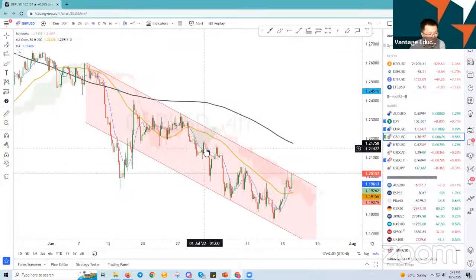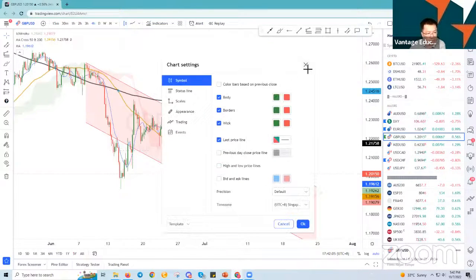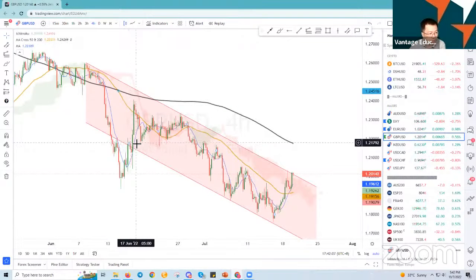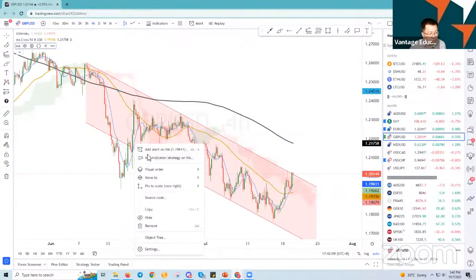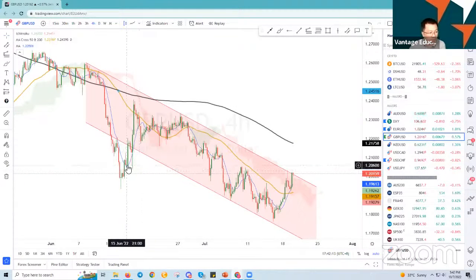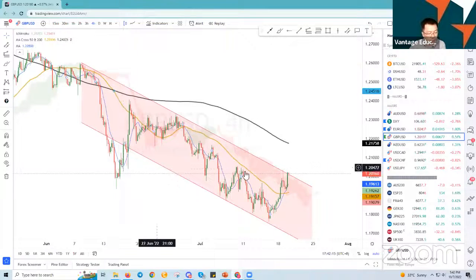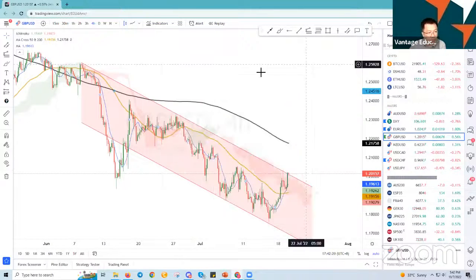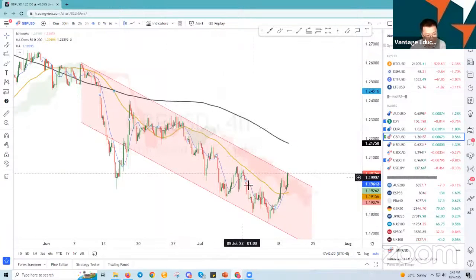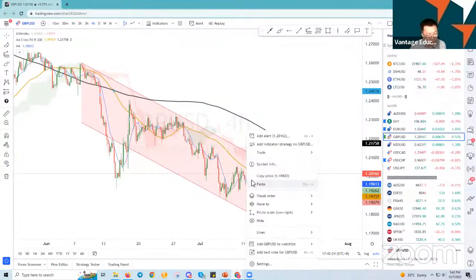a moving average, and I'll change that moving average. Okay, so you can see that price has tested the moving average.